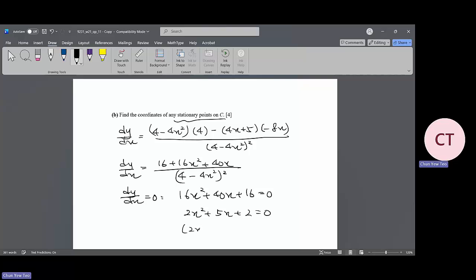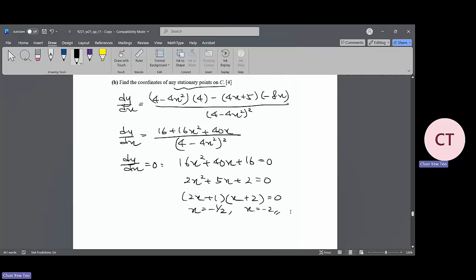Try to factorize it if we can. So we can factorize it. Then you can get x is negative half and x is negative 2. So this will be the x coordinate for the stationary point, but we are looking for point, so we need to find the y.